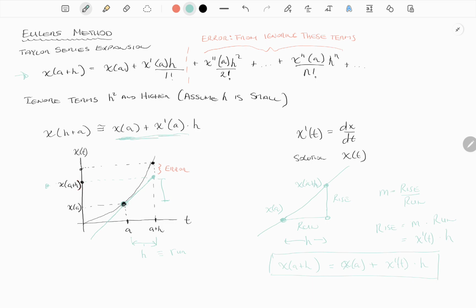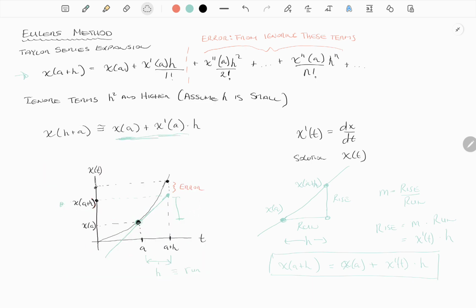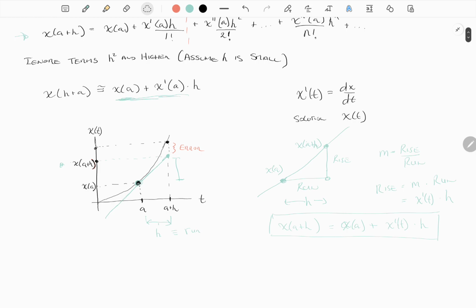Now, if you look at this graph that I have here, let me move it down here for a second. What you notice is that the actual function right here is my x of t. That's the actual solution, the non-numerical solution, let's say.